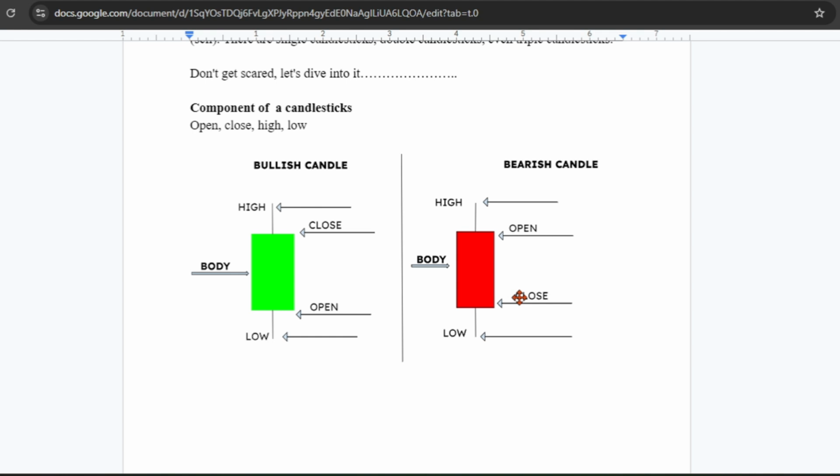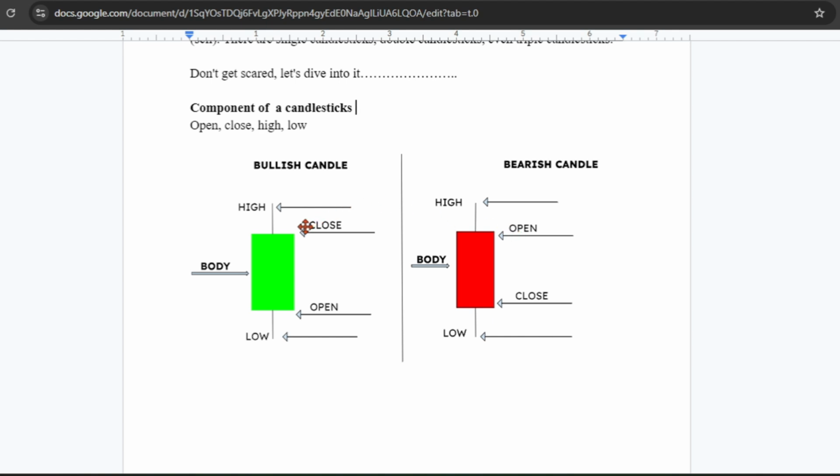So we start from the top and then we drop down. That says that the open of a bearish candlestick will be at the top and the close will be at the bottom. Now you can see the difference between the bullish candle and the bearish candle.